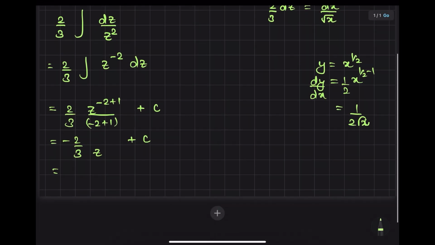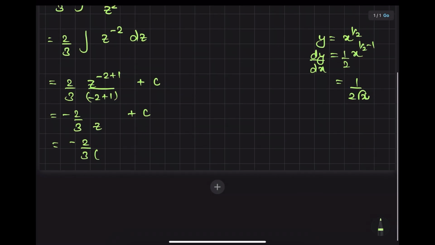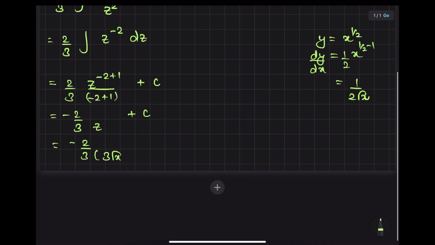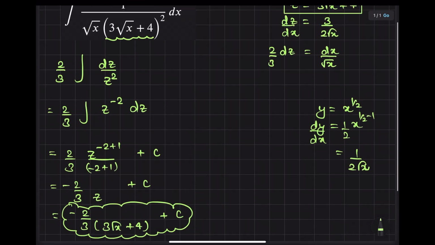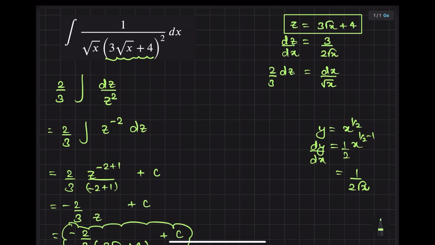Okay, so can I write minus of 2 by 3 times 1 over 3 root x plus 4, plus integrating constant c. So this is the required answer for this question. I hope the idea is clear and you guys can handle similar situations.